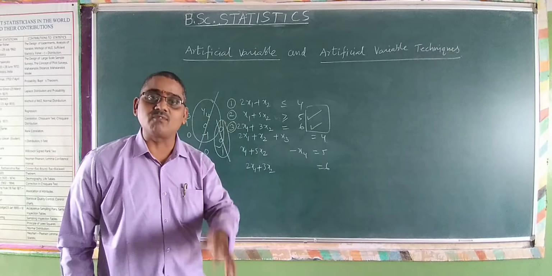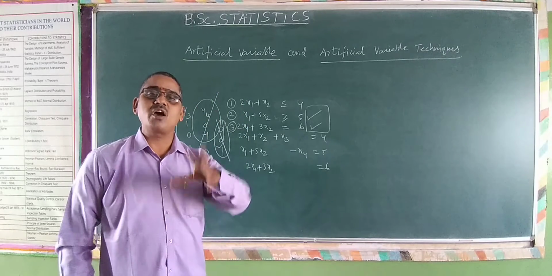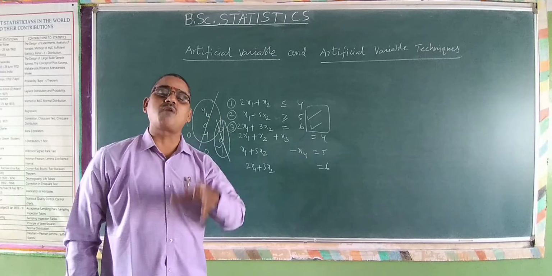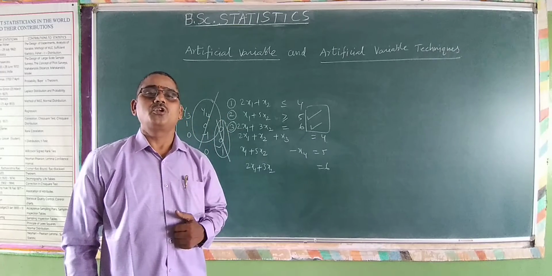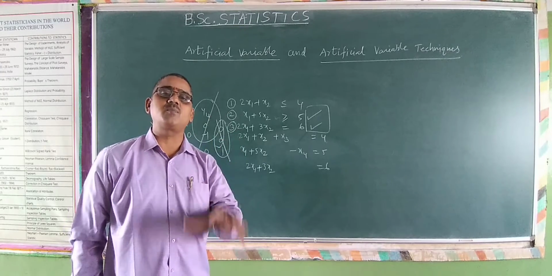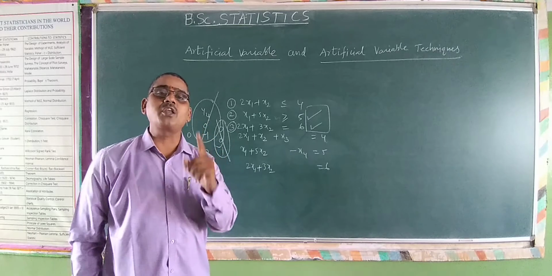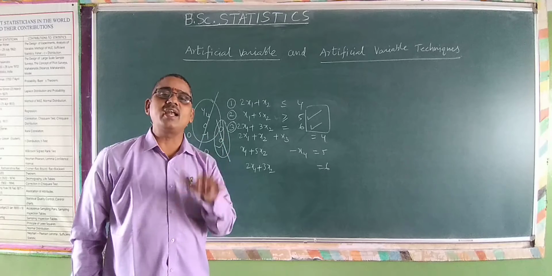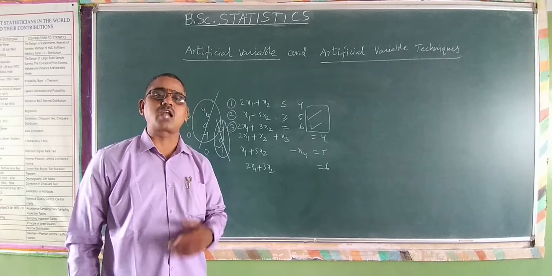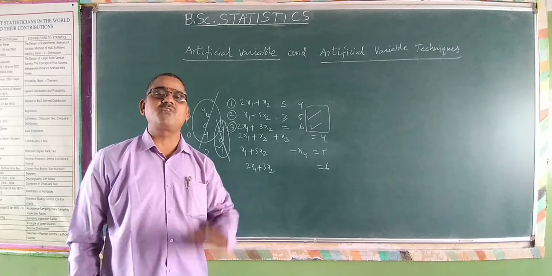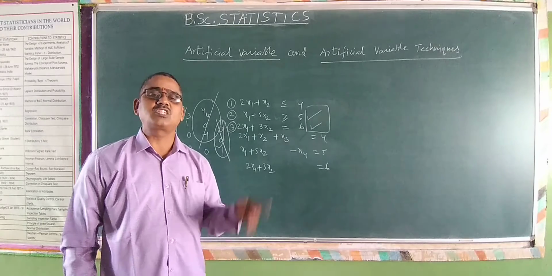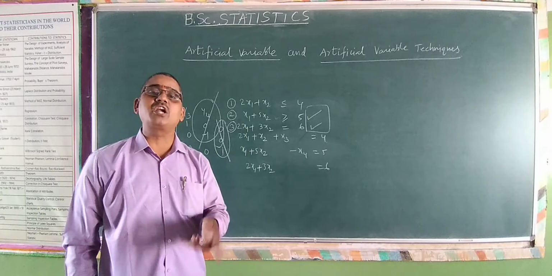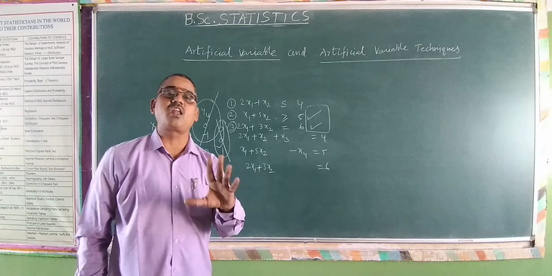That is the reason why, for greater than or equal to and equal to constraints, to obtain an initial basic feasible solution, one non-negative variable is added. Such a non-negative variable is called an artificial variable.